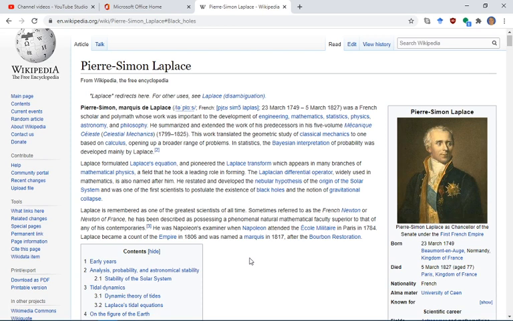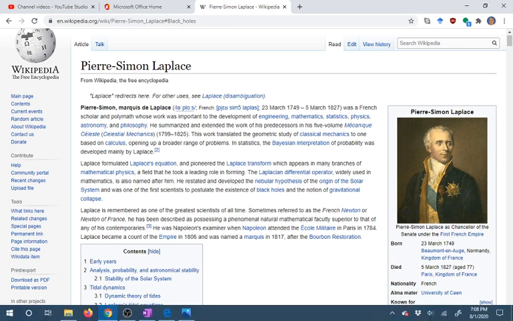He, alongside with John Michell, the British scientist, were the first two scientists who advocated for black holes. They started talking about it about 200 years ago. It's very interesting that they were thinking about such a thing, even though there was no experimental way of actually observing any of them. Many contributions to many areas of science, and this is just one of the many that we are studying.